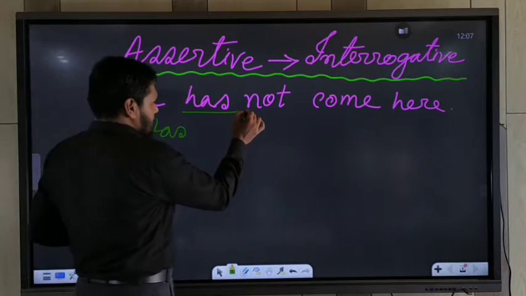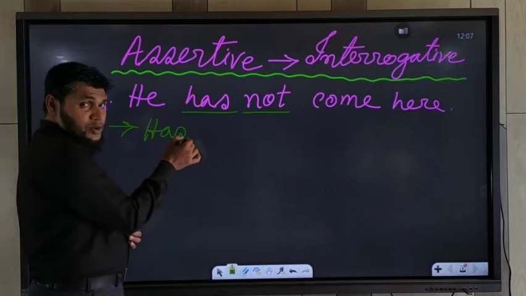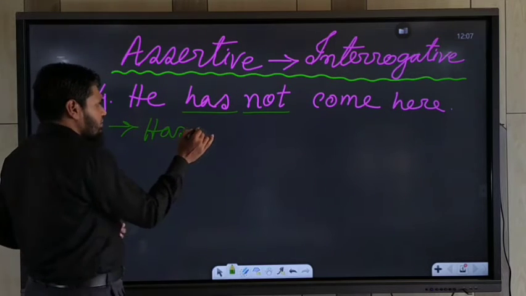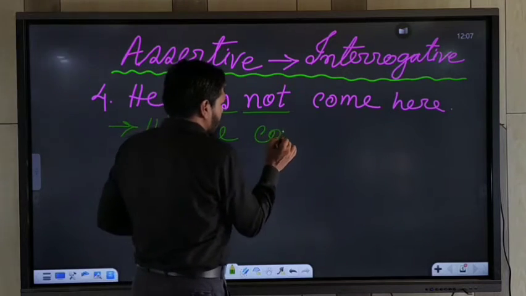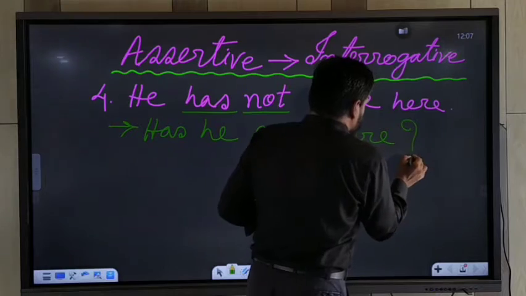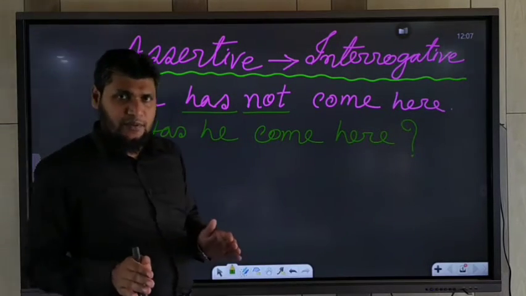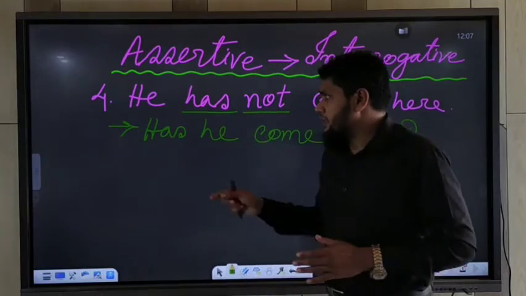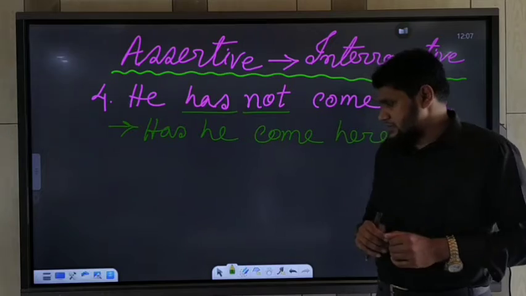The sentence is in negative form, so you should not use negative form. It should be affirmative form in the interrogative. So you should use the subject, the main verb come, and the extension. Understand? The sentence is changed according to the first structure.